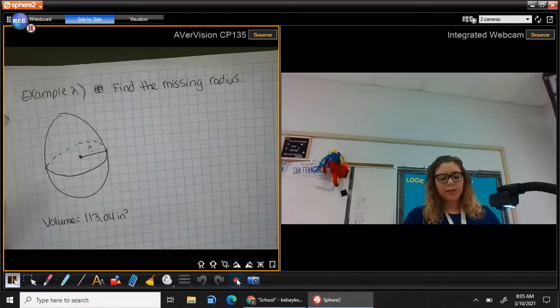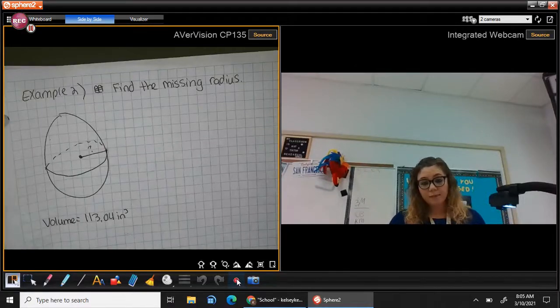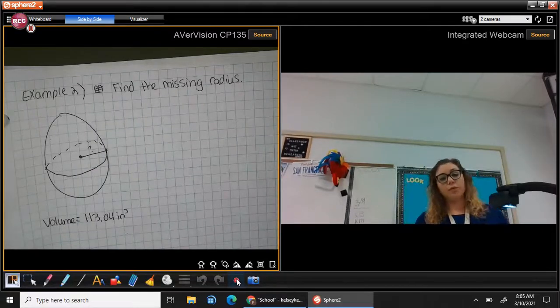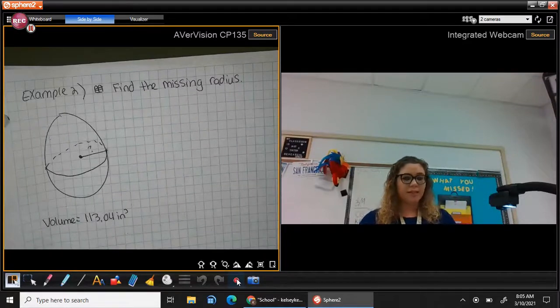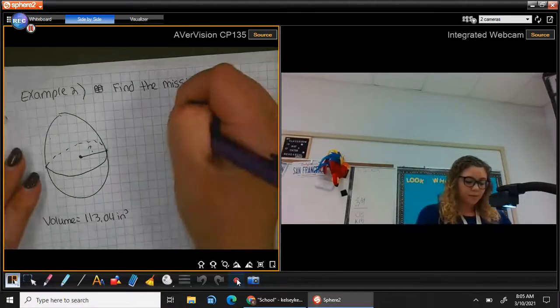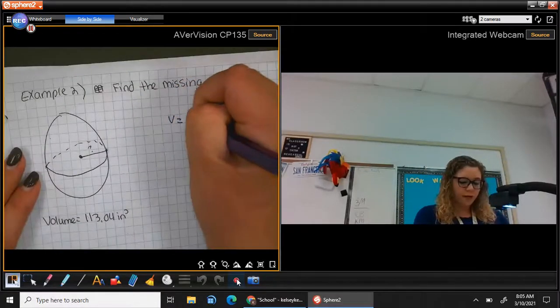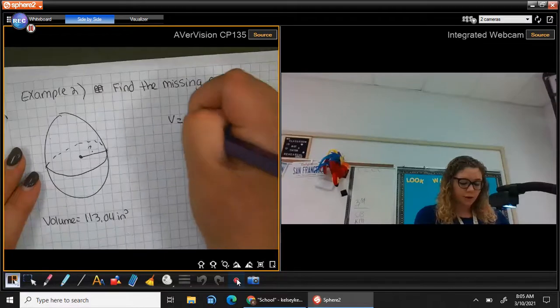Okay, so anytime we're trying to find a missing value for any objects, and we're going to talk more about this tomorrow too, we're always going to start with a formula. Okay, so step 1, always start with the formula. This is a sphere, so I'm going to write down my formula. V equals 4 pi r cubed over 3.